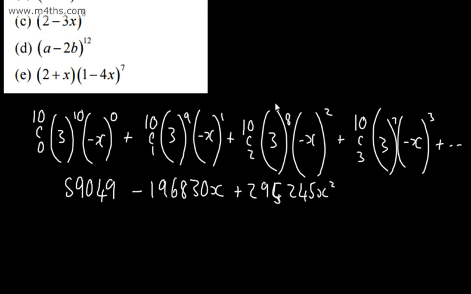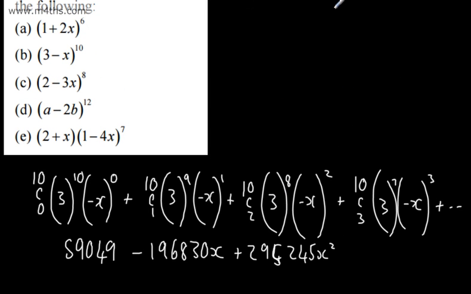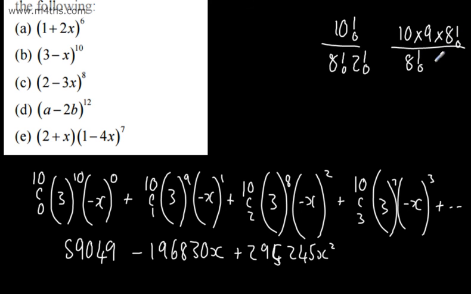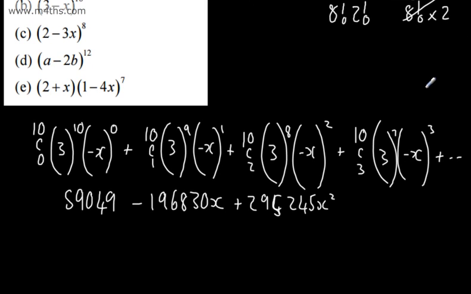And you might have said, well, how did I know it's 45? Well, it's going to be 10 factorial over 8 factorial, 2 factorial. So essentially it is 10 times 9 times 8 factorial over 8 factorial times 2 factorial. 2 factorial is just 2. So that's 90 over 2, which is 45. Yeah, so there we go.